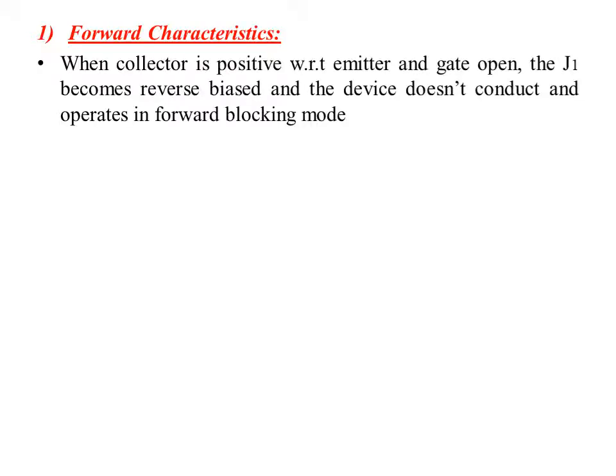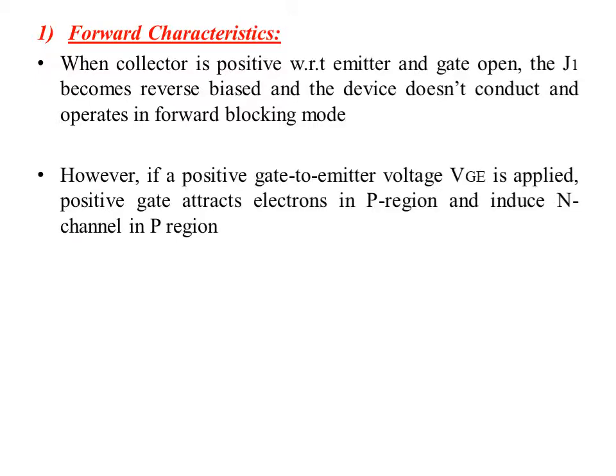When collector is positive with respect to emitter and gate is kept open, the junction J1 becomes reverse biased and the device doesn't conduct and operates in forward blocking mode. However, if a positive gate to emitter voltage, that is VGE, is applied, then the positive gate attracts electrons from the p region and induces an n channel into the p region.